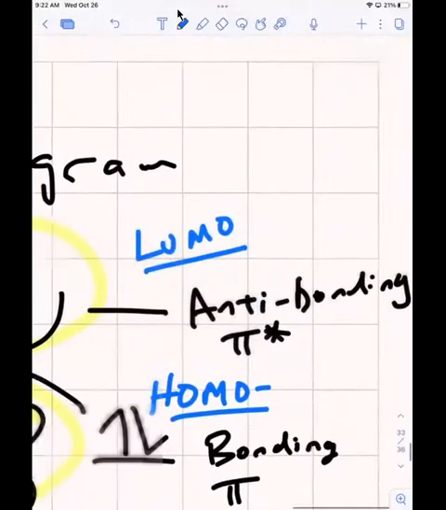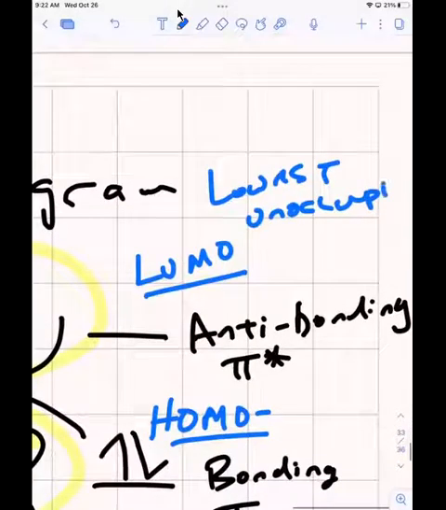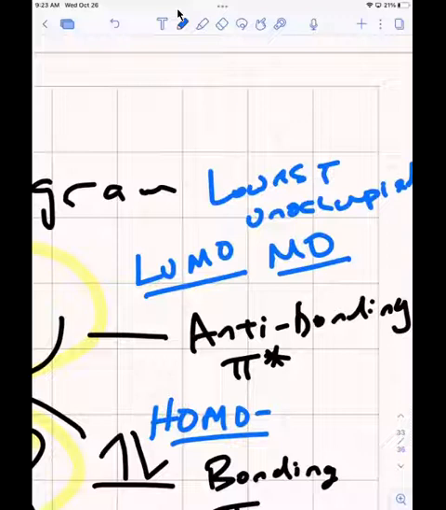And then the LUMO is the lowest unoccupied molecular orbital. Every MO diagram has a HOMO and a LUMO. And the LUMO is typically going to be one of your anti-bonding orbitals. And then the HOMO is going to be one of your bonding orbitals, right?